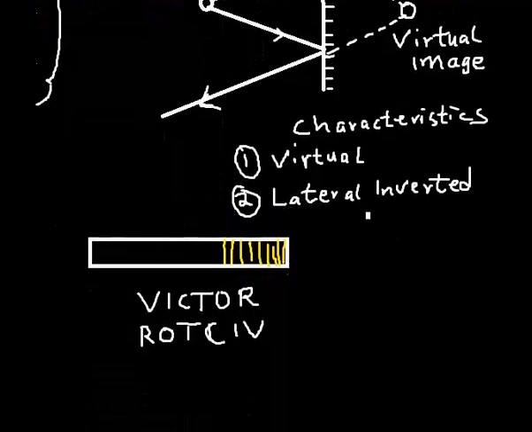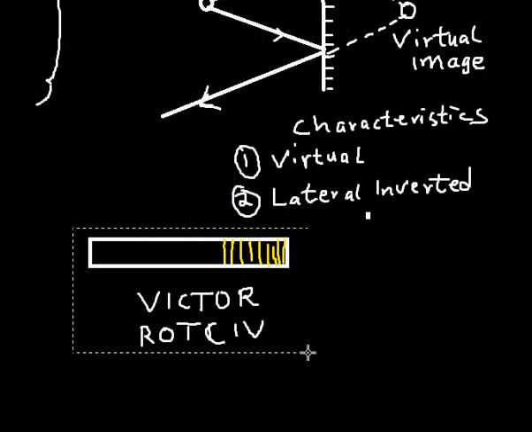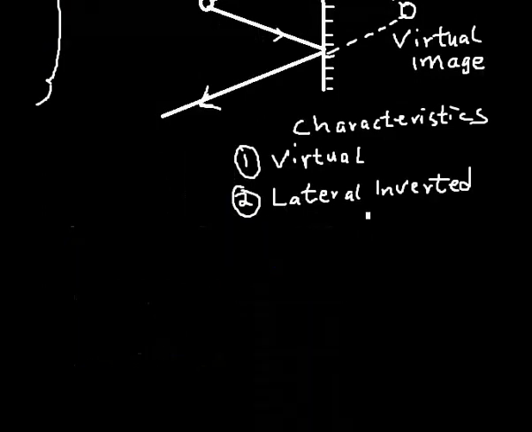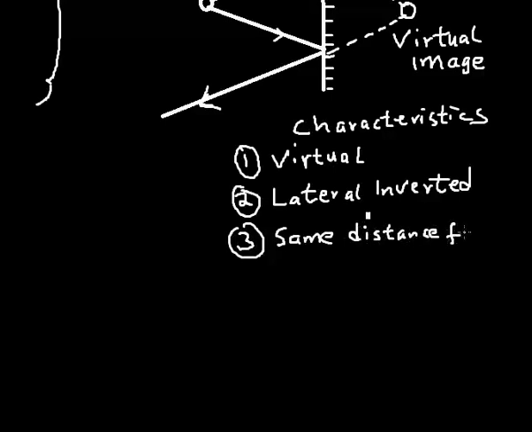Then, apart from it being laterally inverted, another characteristic of the image formed by a plane mirror is that the image is the same distance from the mirror as the object.